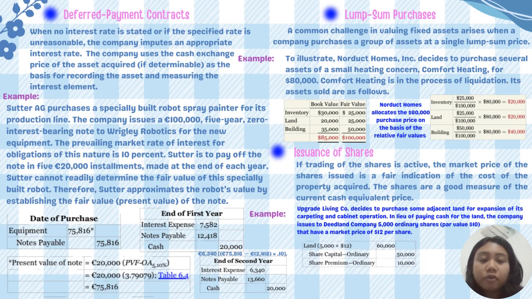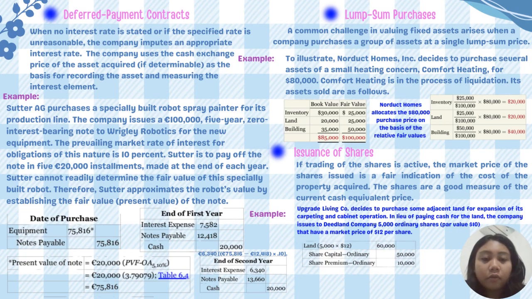Okay, the first step is we record what assets we have, like inventory, land, building, and then the book value and fair value. The second step is Nordic Homes allocates the $80,000 purchase price on the basis of the relative fair values.